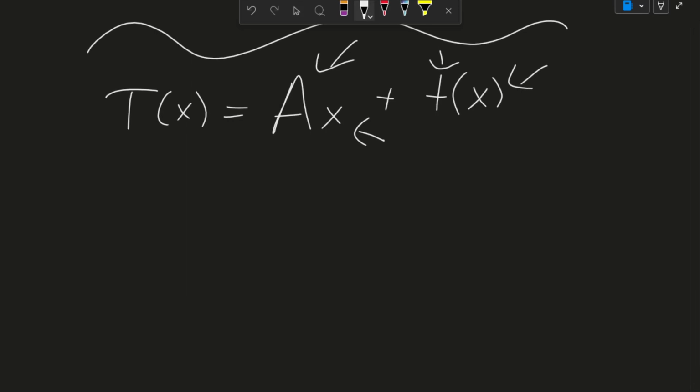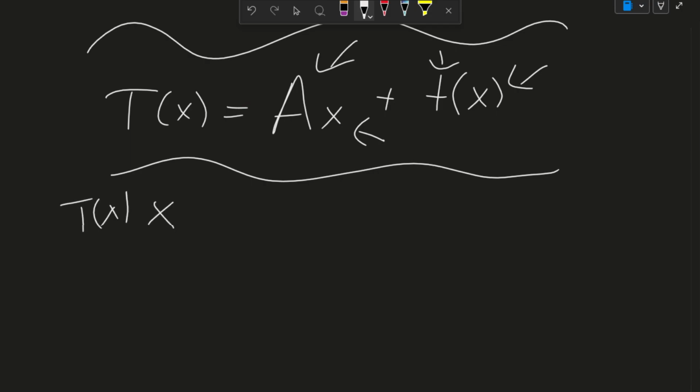So let's think about it briefly, right? Actually, let's think of an example of an affine transformation first. What's an example of an affine transformation that isn't linear? Well, a good one is t of x equals x plus 1.